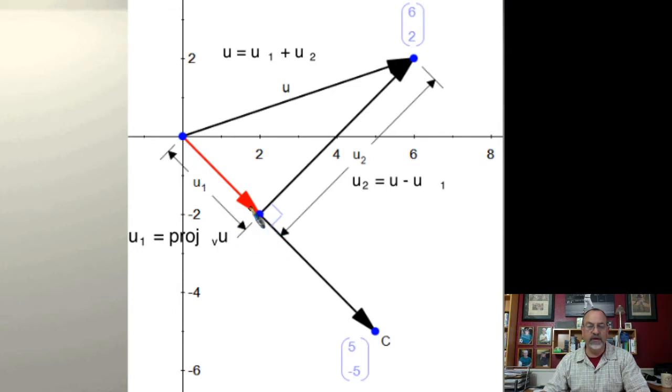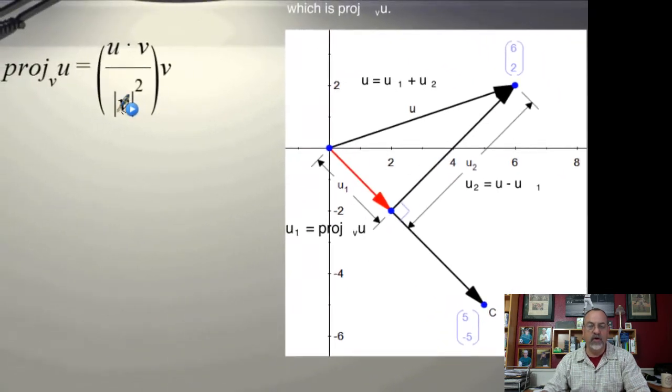We can determine the components by taking the dot product of the two vectors over the magnitude of this longer vector squared, and if we multiply that number times the components of this original vector, that will give me the components of this vector here. Now remember that if I add that component to this component here, that will equal this vector here, U.